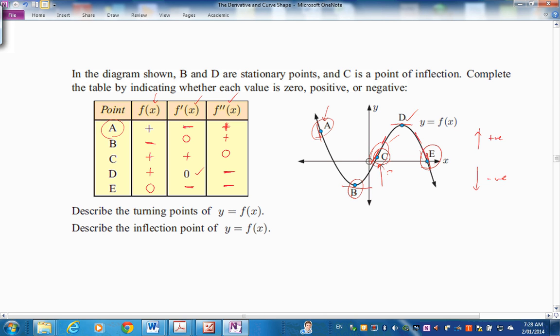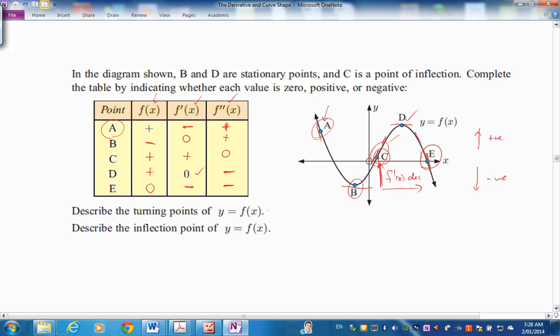So f dash x is decreasing through this interval here from where it has changed curvature to concave down. It's going to be second derivative is negative.